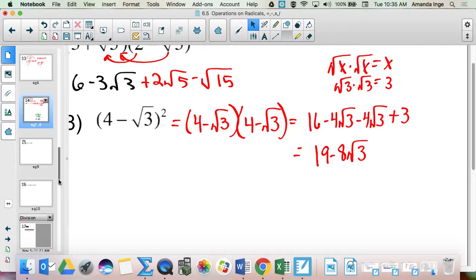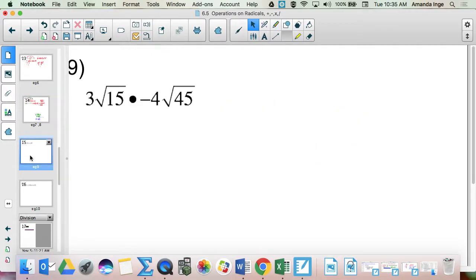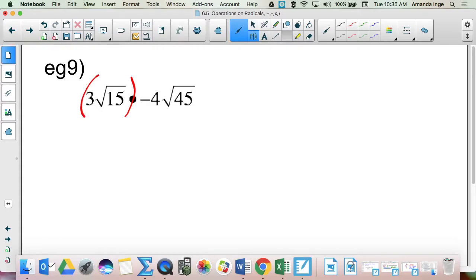So that brings me to my next example, number 9. All right, you're supposed to multiply these together, y'all. Well, 3 times negative 4 is negative 12. Then I have the square root of 15 times the square root of 15 times the square root of 3.